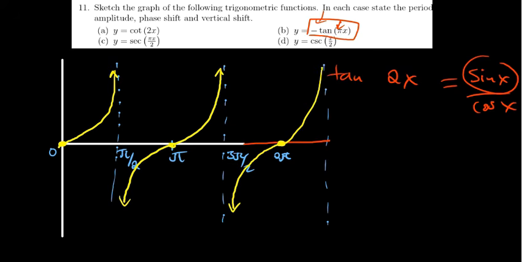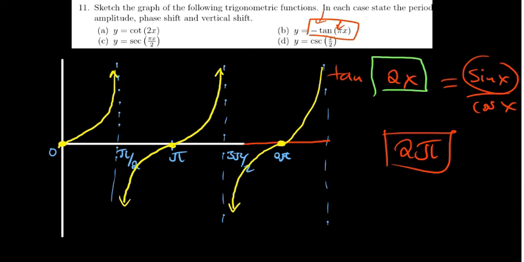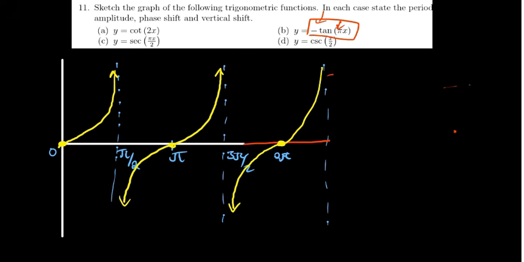So this is with a normal period of 2 pi radians. Now in this case we have a 2 attached to the value of x, meaning that we need to divide the 2 pi by the 2, giving us a period of pi, meaning that the graph is supposed to be complete within pi.